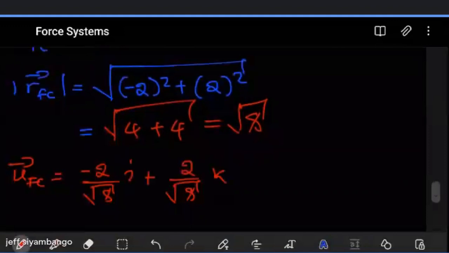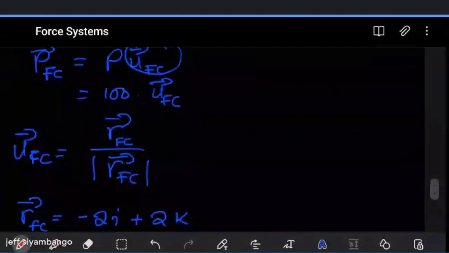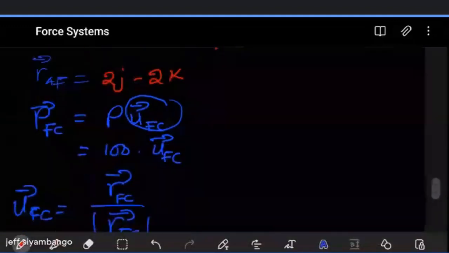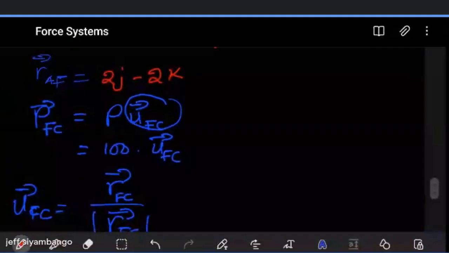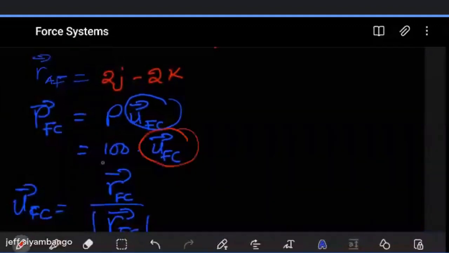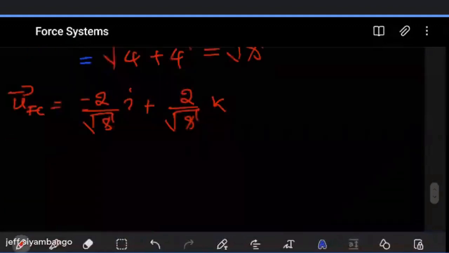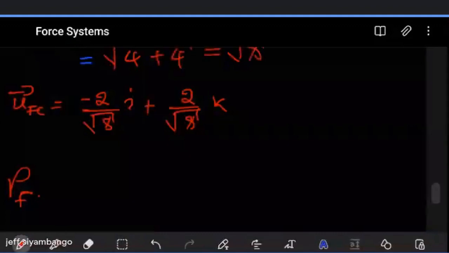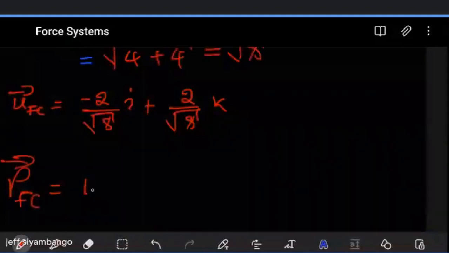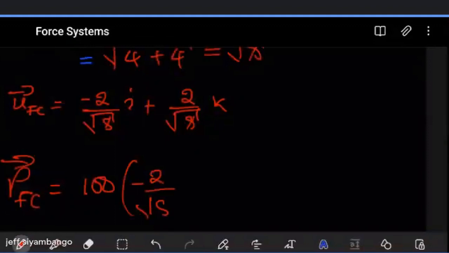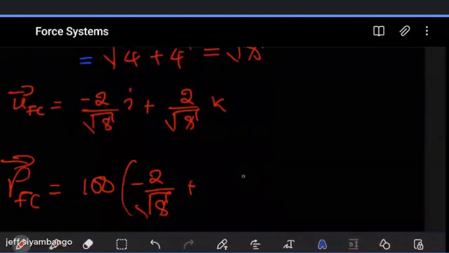Since we now have our unit vector and we have the force itself, we wanted to use the unit vector to get the force. Where we have the unit vector here, we can substitute and get our force. So our P from F to C will now be equal to 100 multiplying -2 over √8 i plus 2 over √8 k.